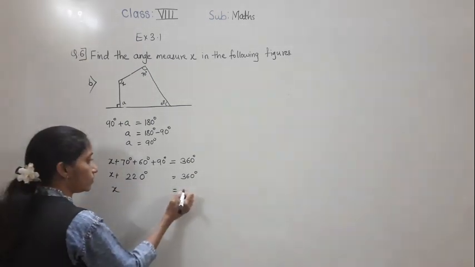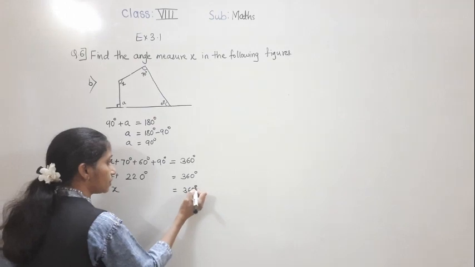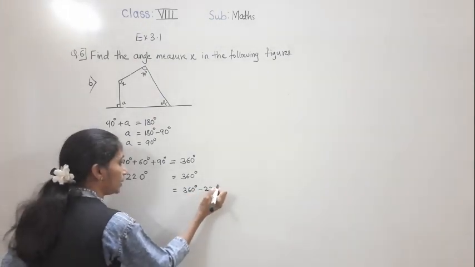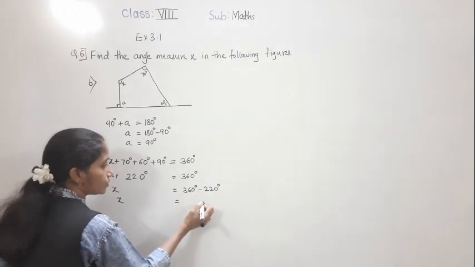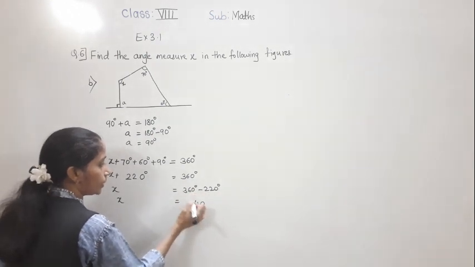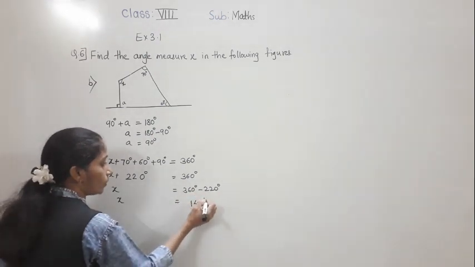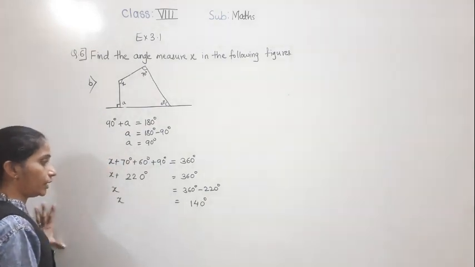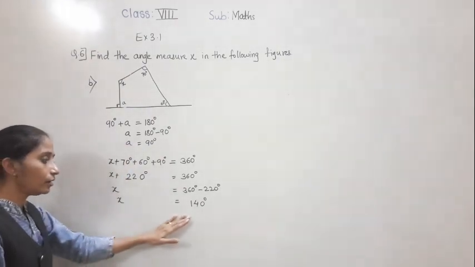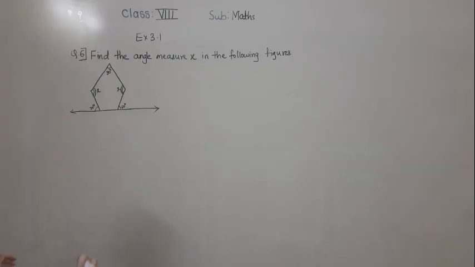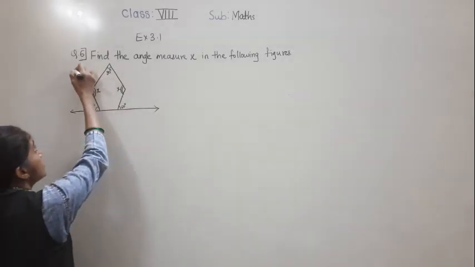So x is equal to 360 degree minus 220 degree. So x is equal to 0 minus 0, 0; 6 minus 2, 4; and 3 minus 2, 1. 140 degree. So what we got as the measure of this angle? 140 degree. Got it?